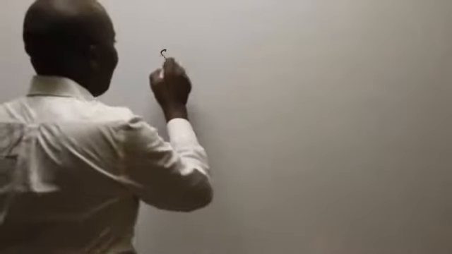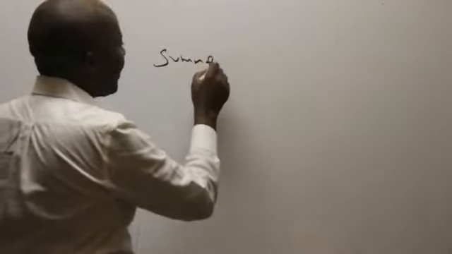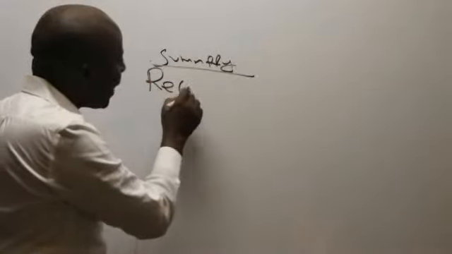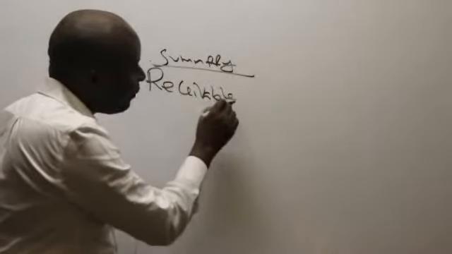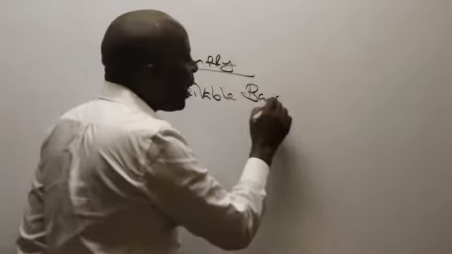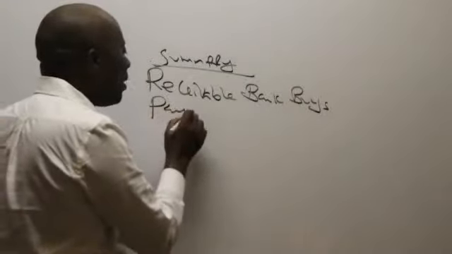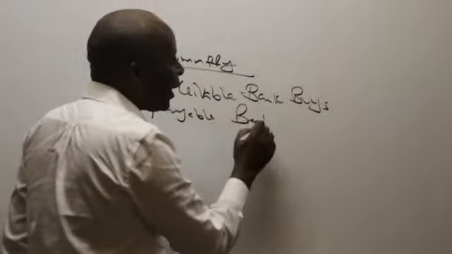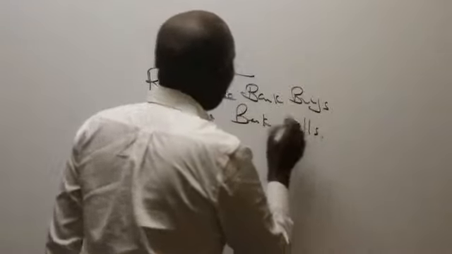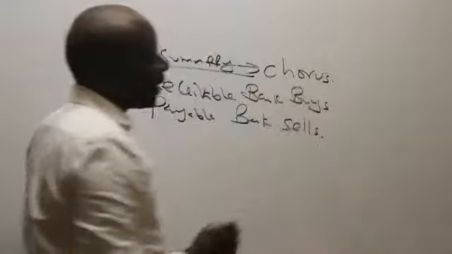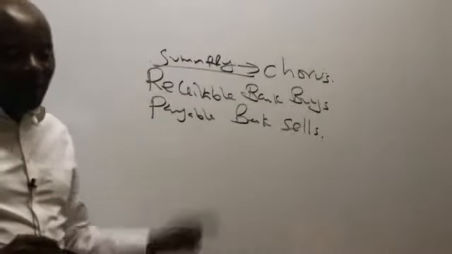So as we progress, one thing you're supposed to be knowing, as a summary, is that any time we hear the name receivable, I'll be knowing the bank buys. When I hear payable, I'll be knowing that the bank sells. Could you kindly write, this is our chorus. Very important.